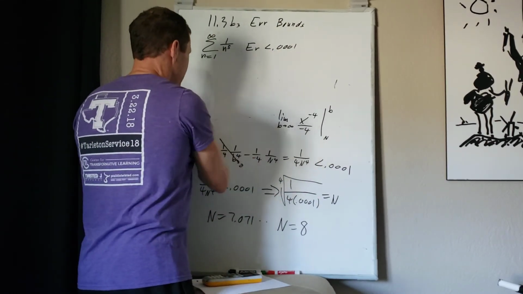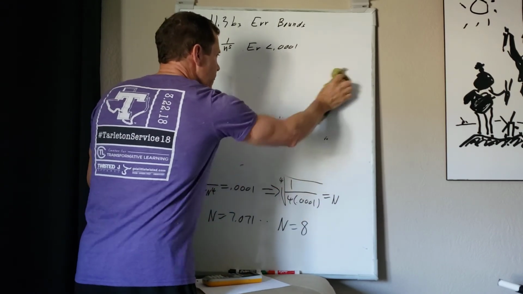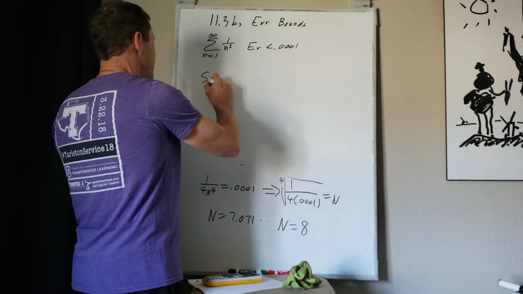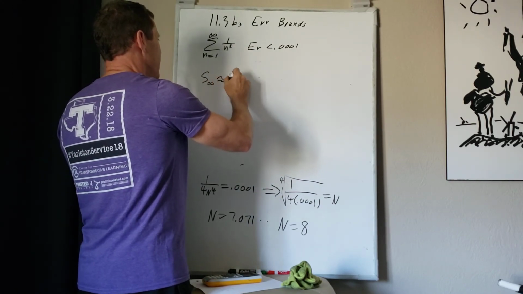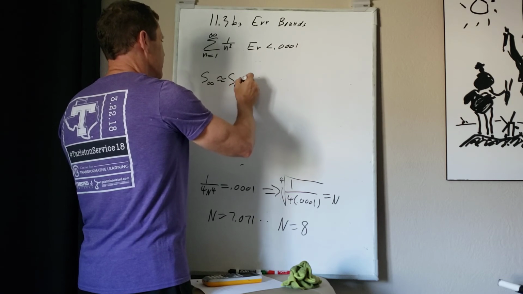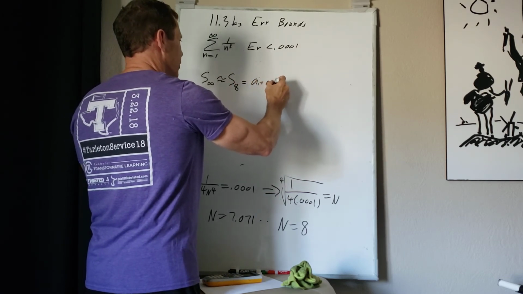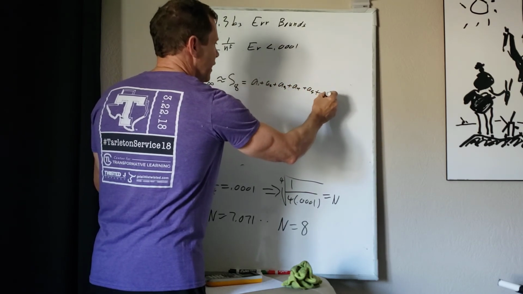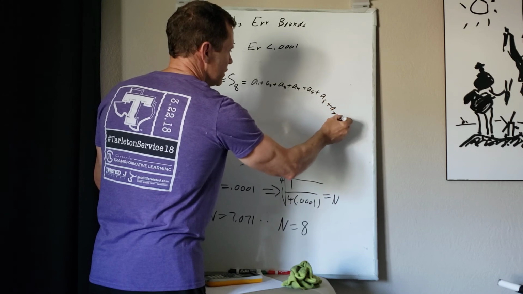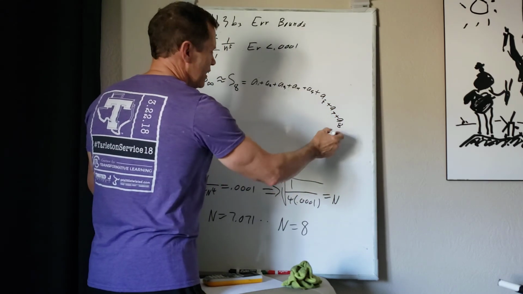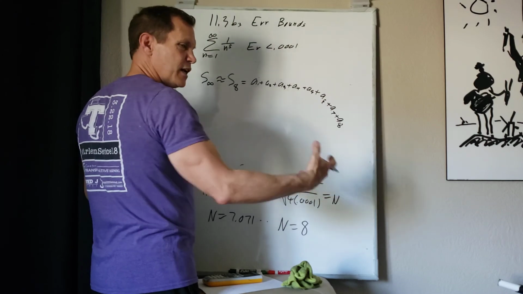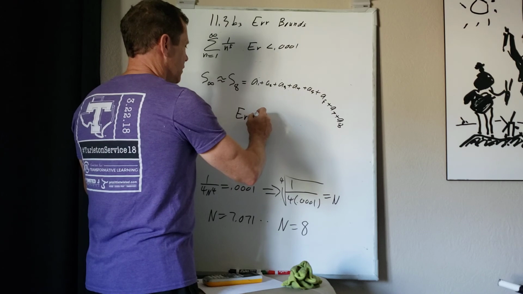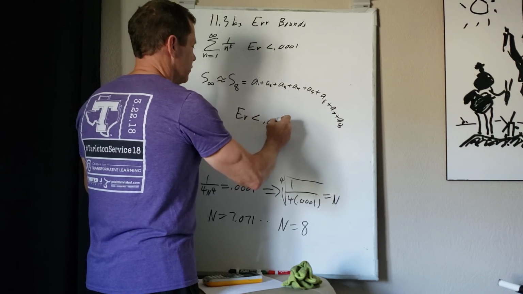So I'm going to say that S infinity is approximately S_8, which equals a_1 plus a_2 plus a_3 plus a_4 plus a_5 plus a_6 plus a_7 plus a_8. And if I threw away 9, 10, 11, all the way out to infinity, my error is only going to be at most 0.0001.